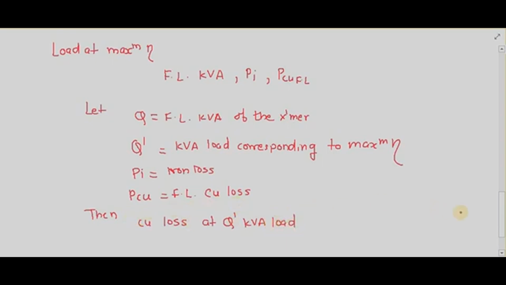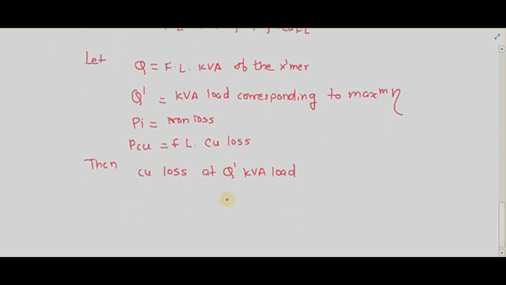PCU is the full load copper loss. So what is the copper loss at Q dash kVA? Means at Q, what is my copper loss? It is PCU. So at Q dash, what will be my copper loss? It is Q dash upon Q whole square into PCU.